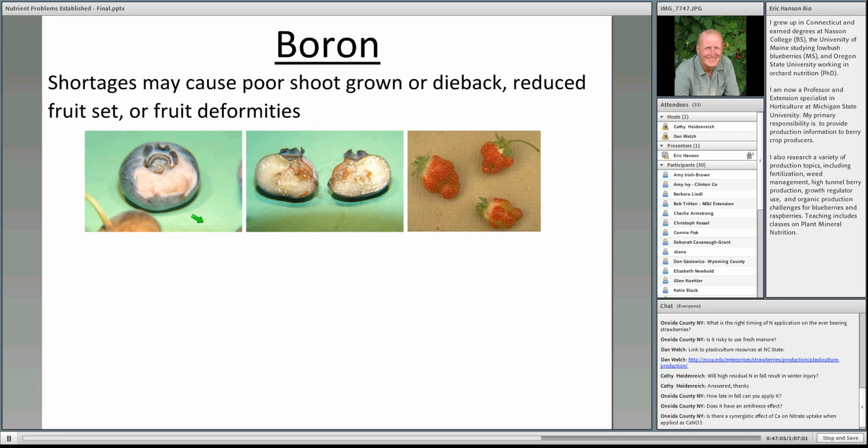There was a question: is there a synergistic effect of calcium on nitrate uptake when applied as calcium nitrate? And it's a good question, and I don't know that I have a good answer to it.